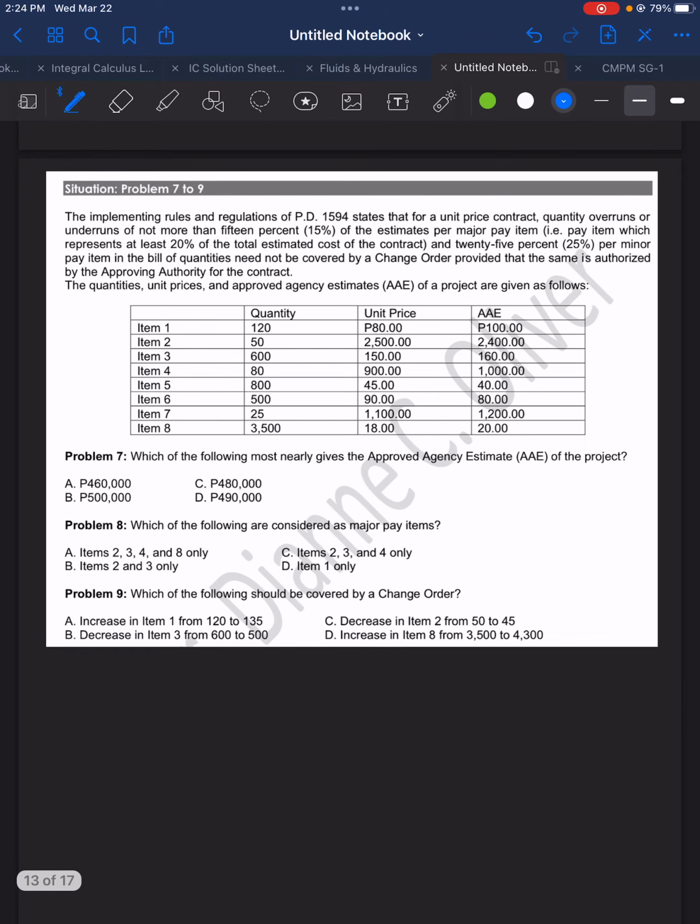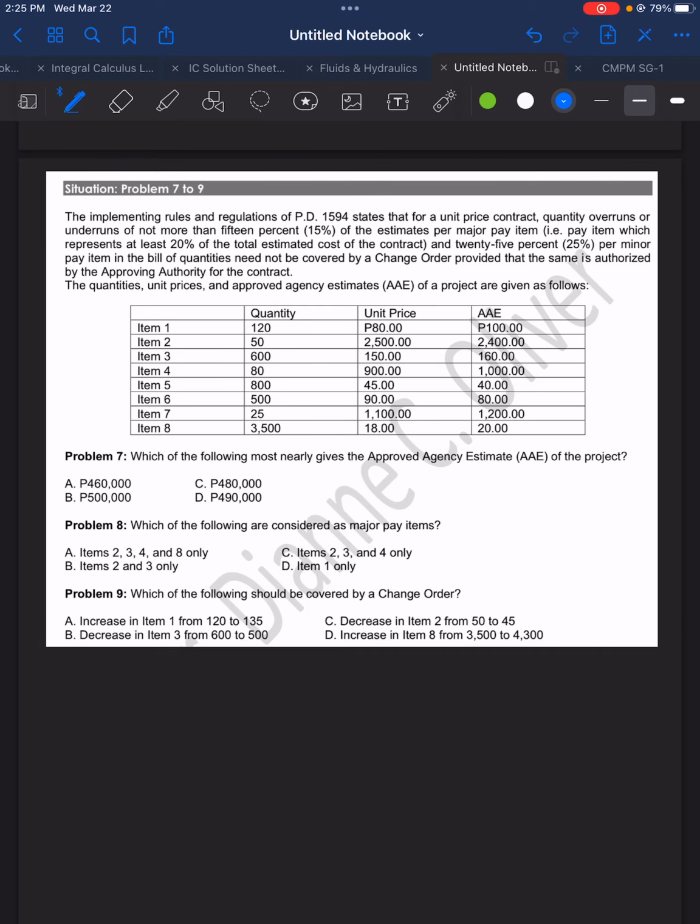So this is the situation for problems 7 to 9. The implementing rules and regulations of PD 1594 states that for a unit price contract, quantity overruns or underruns of not more than 15% of the estimates per major pay item, which represents at least 20% of the total estimated cost of the contract, and 25% per minor pay item in the bill of quantities, need not be covered by a change order, provided that the same is authorized by the approving authority for the contract.